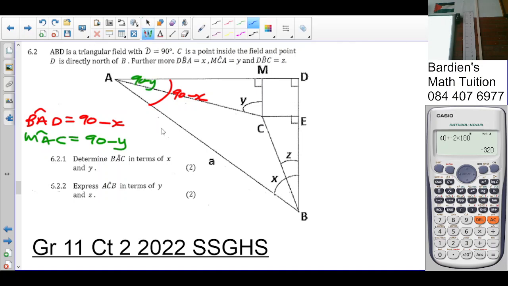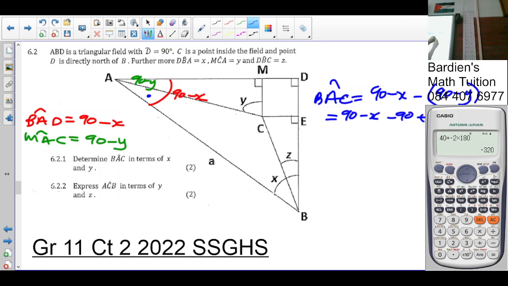Now the angle in question, which is BAC, is going to be the bigger angle, which is 90 minus x, minus the smaller angle, which is 90 minus y. Which gives us 90 minus x minus 90 plus y. Where that cancels, it leaves you y minus x. So this angle here is y minus x.